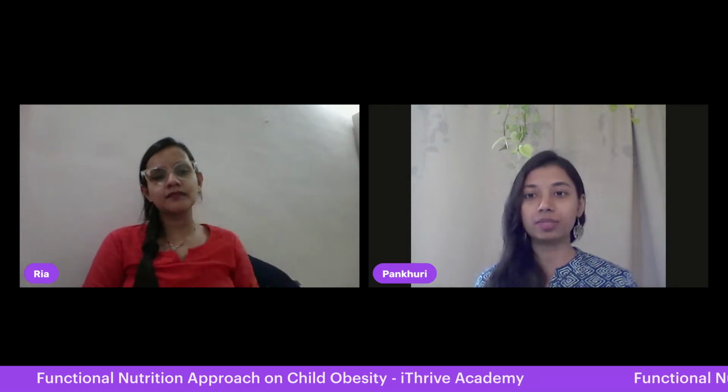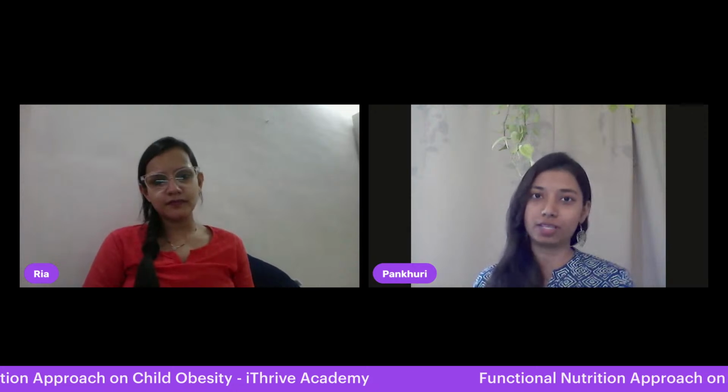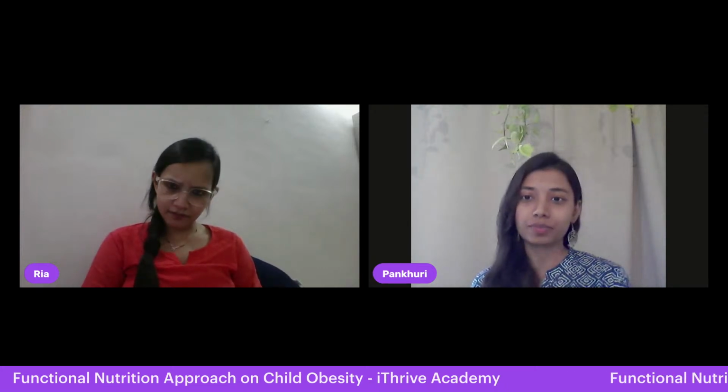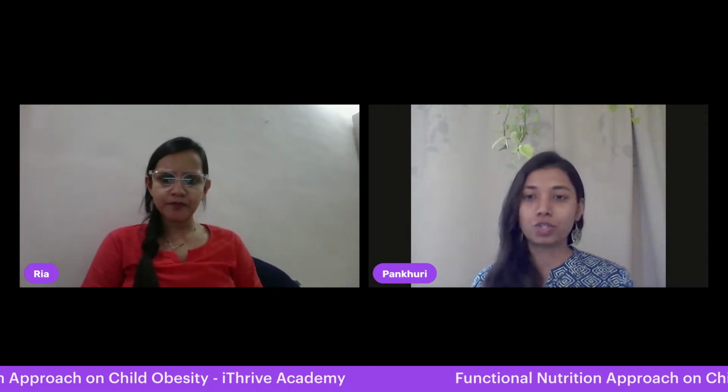These are the symptoms that can be identified for childhood obesity, and this is why we say that a child should have a body weight according to his height and his age. The body weight should not be very much.